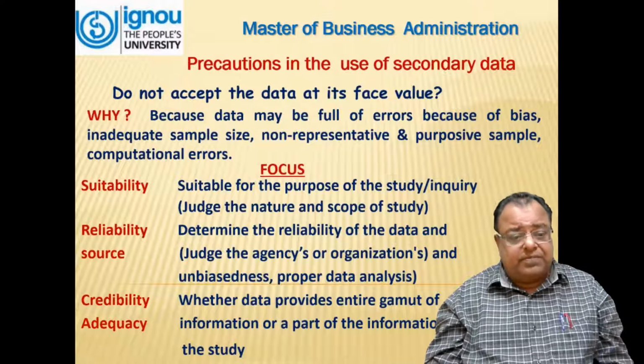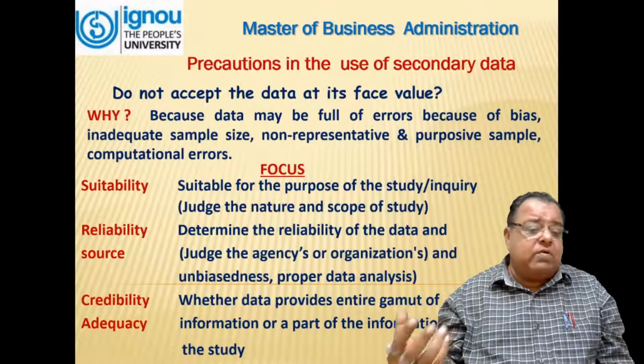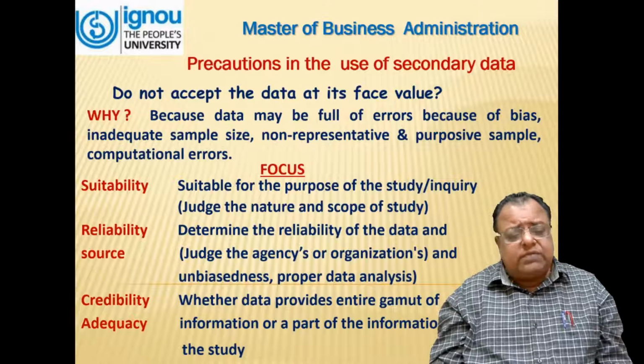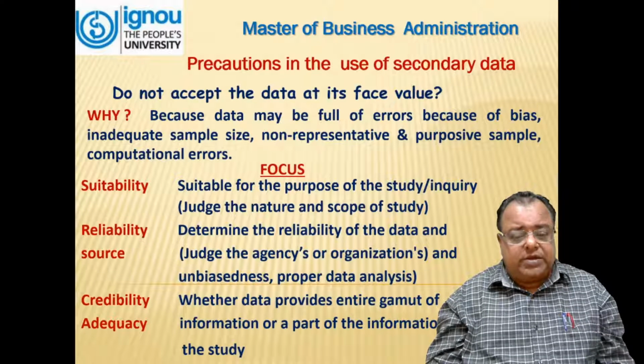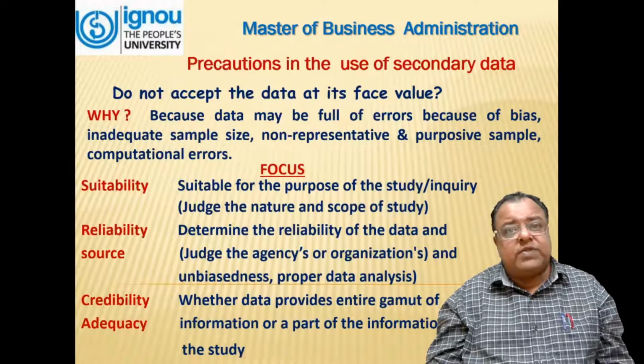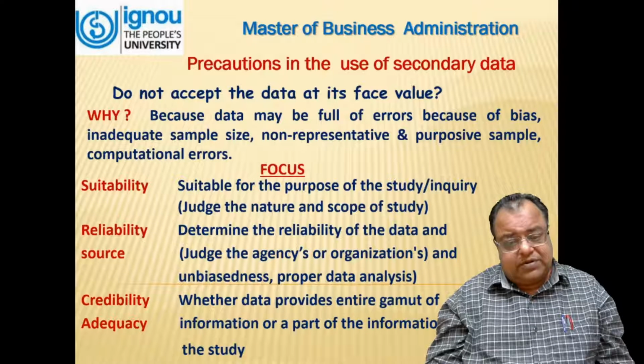We should focus on suitability because we are acquiring this by secondary data. As far as suitability is concerned, it should be suitable for the purpose of the study or inquiry. That means we have to judge the nature and scope of the study. The second one is reliability of the source.